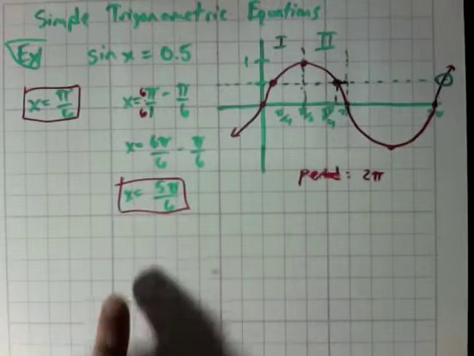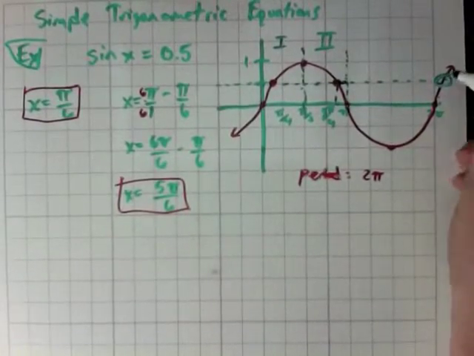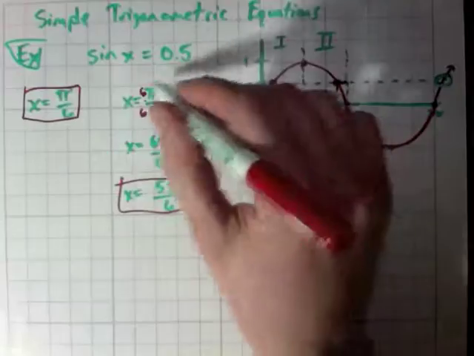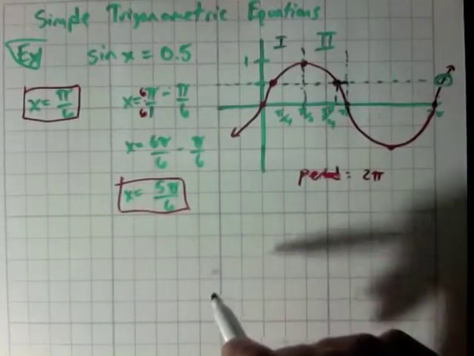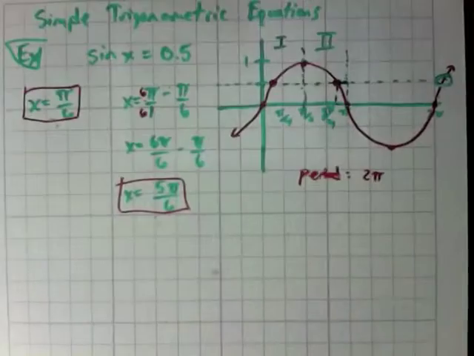Now, if I wanted to consider the other possible angles, when this wave comes back around and hits twice up there, and keeps going in every direction, I would be interested in the coterminal angles of these reference angles.